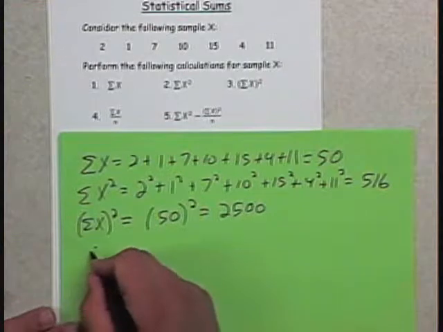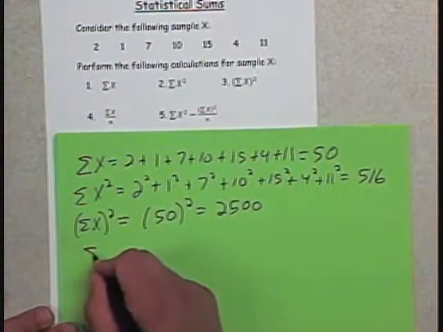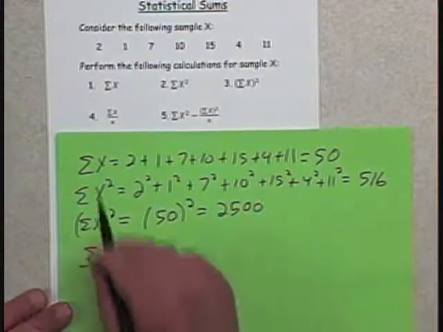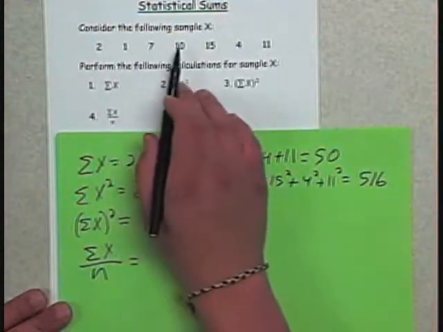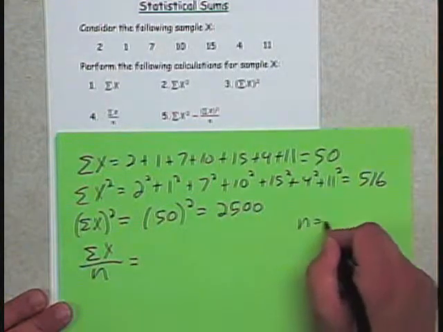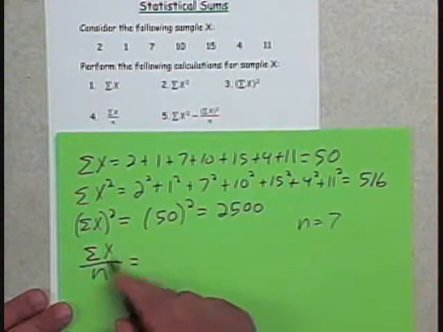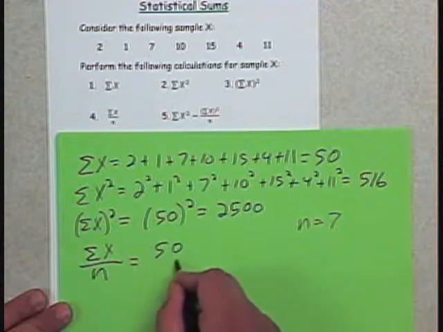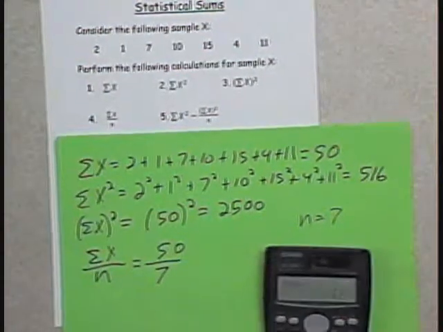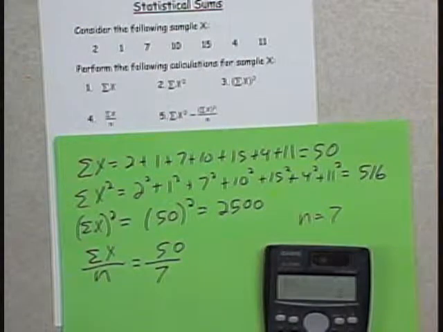Okay, so now I'm going to take the sum of x divided by n. So n, in this case, I have to count 1, 2, 3, 4, 5, 6, 7. So n in this case is equal to 7. The sum of x is 50, so I get 50 divided by 7. And when I do this, it doesn't come out nicely.